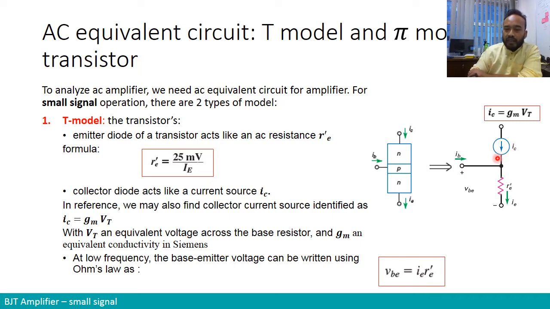And what do we have others? In other references, you might find a reference that quantifies this IC as the product of gm, a certain gain, multiplied by a certain voltage vπ. So what is vπ? gm could be given, and vπ is an equivalent voltage across the base resistor.